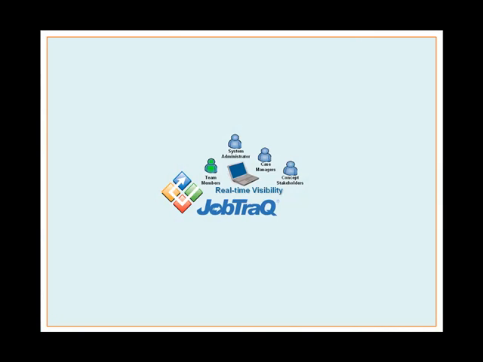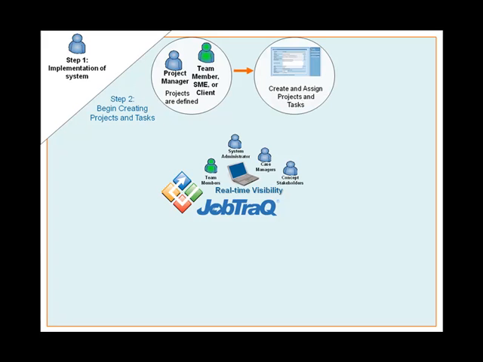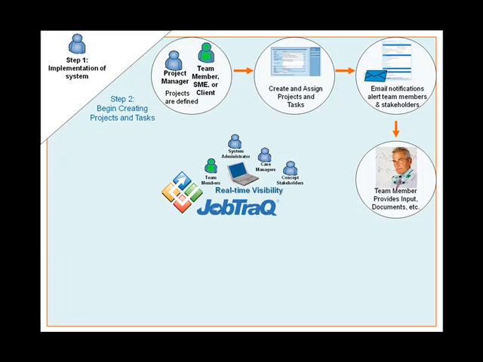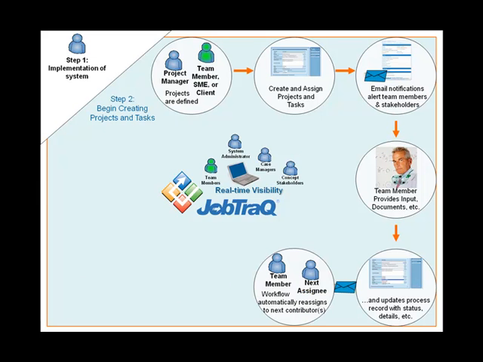Here's an overview of a sample workflow from start to completion. Once you've implemented your system, the project manager can define projects, create and assign projects and tasks, email notifications, alert team members and stakeholders. Team members will provide their input, documents, and data, and update the process record with status details.